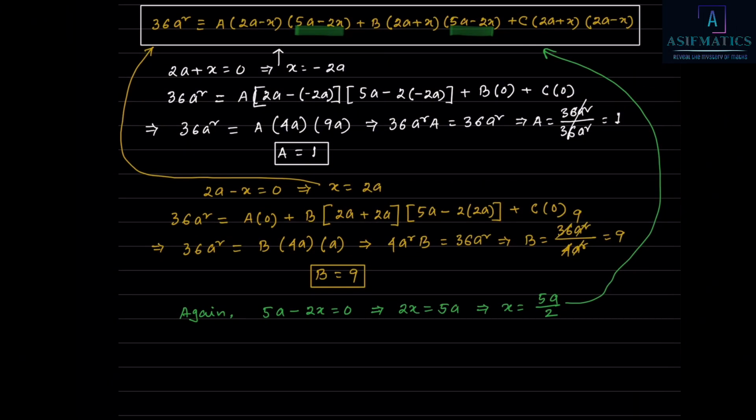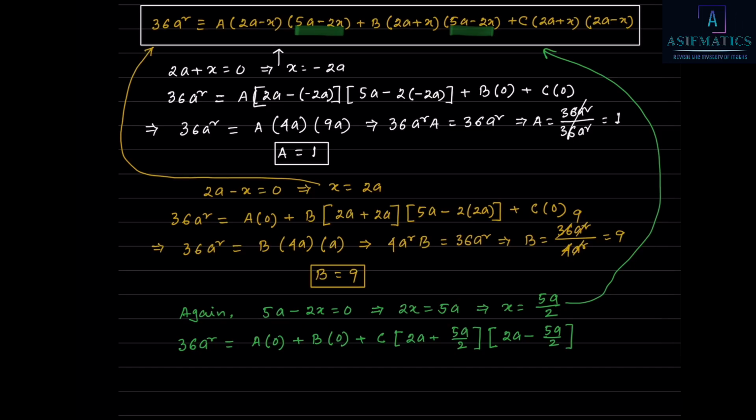If I do this, what I get is 36a square equals a times 0, then b times 0, plus c into 2a plus x, that means 2a plus 5a by 2, times 2a minus 5a by 2.